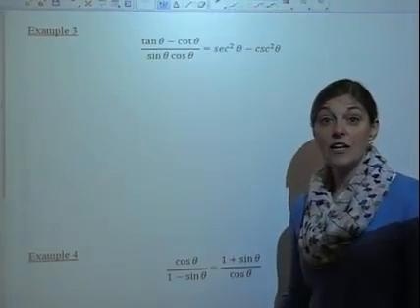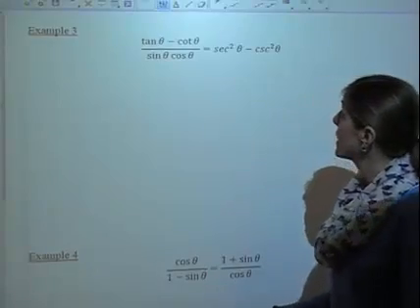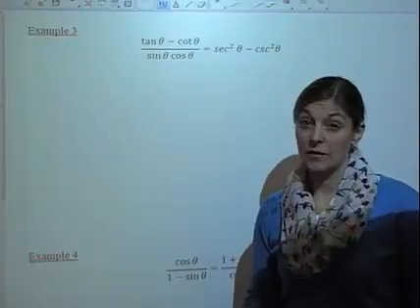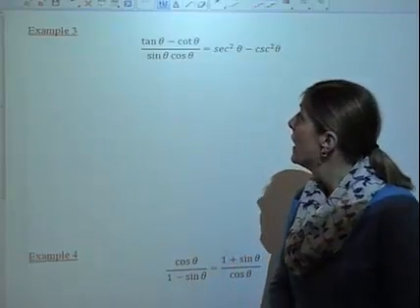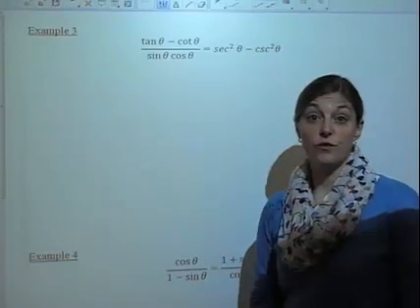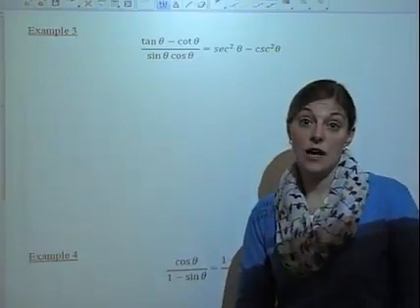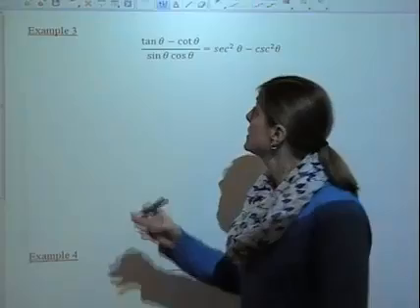All right, so now let's take a look at example number 3. I would say the left-hand side looks more complicated because we have some fractions in there. So what could we do first? Well, since we have multiplication in the denominator, we could separate those fractions.